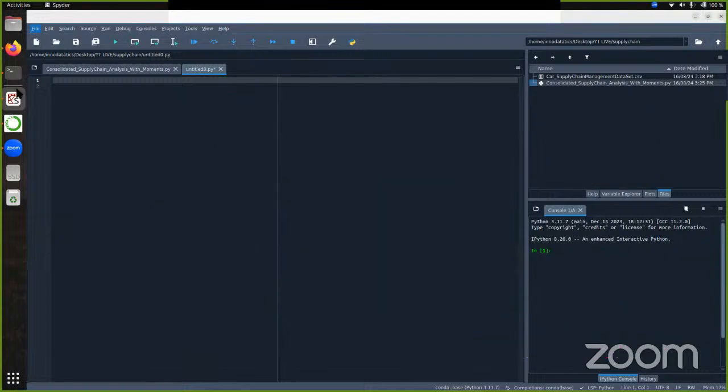Now, let's talk about our data that we are going to be looking at. Okay. So in the data, we have a sample data where we have 1,000 rows and we have 33 columns.